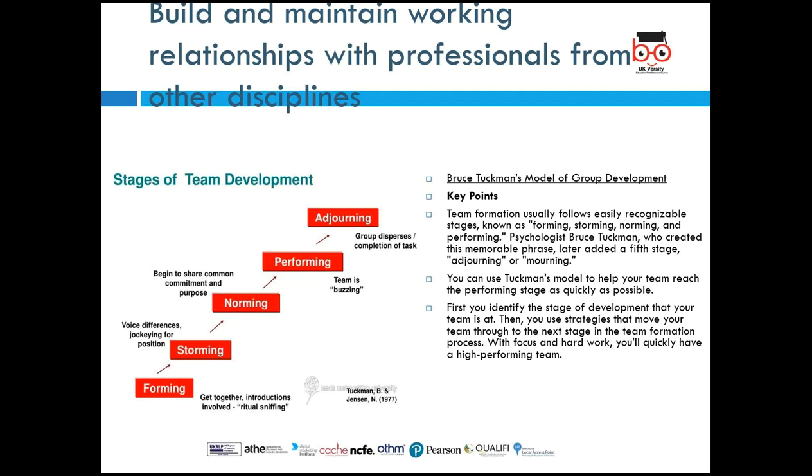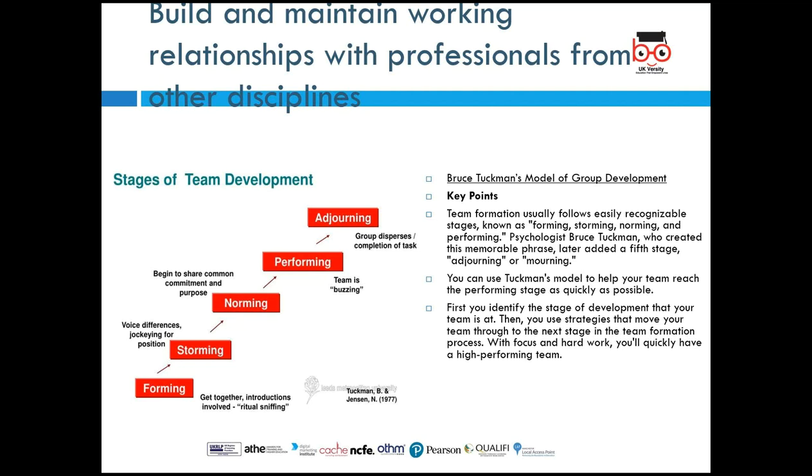So the key points in Tuckman's model are that we have team formation, usually following easily recognizable stages known as forming, storming, norming, performing. And then we can use the Tuckman model to help our team reach the performing stage as quickly as possible by firstly identifying the stage of development that your team is at.